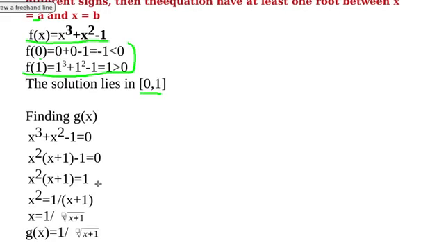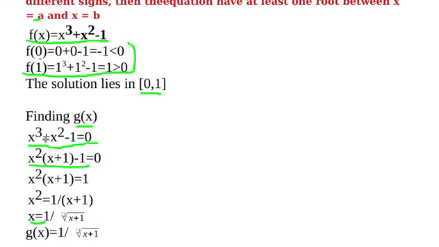Next we need to find a value g of x, another function. For finding g of x, we rewrite x cube plus x square minus 1 equal to 0, and we have to form it in the form x equal to. In order to rewrite the equation in the form x equal to, we take all the x terms on the left hand side and take x square as common factor.